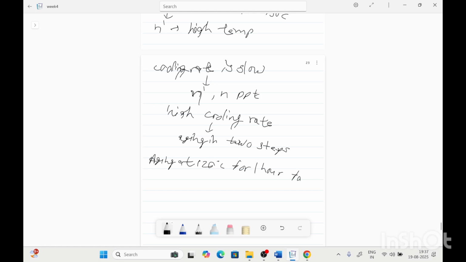That is followed by aging at high temperature. The high temperature is around 160 to 175 because its solvus temperature is high, so that will help in the formation of the precipitate at higher temperature.